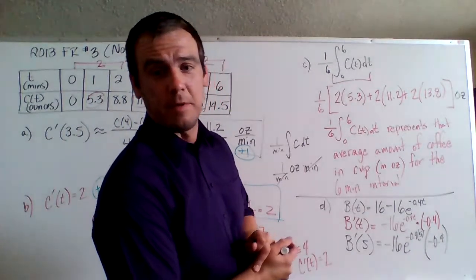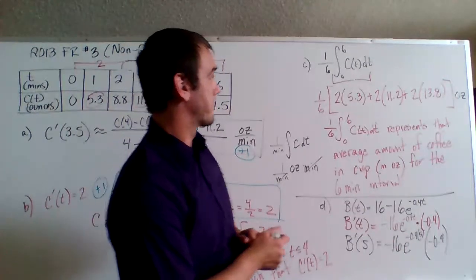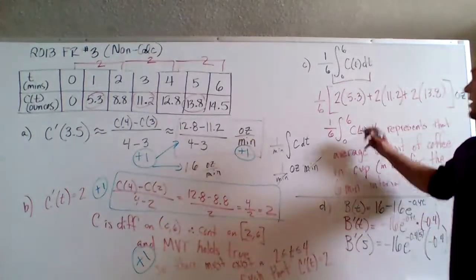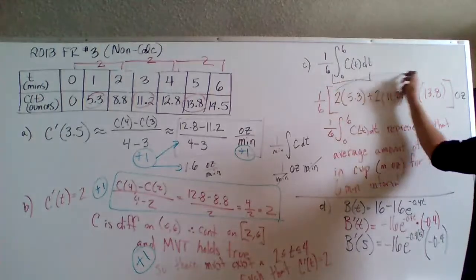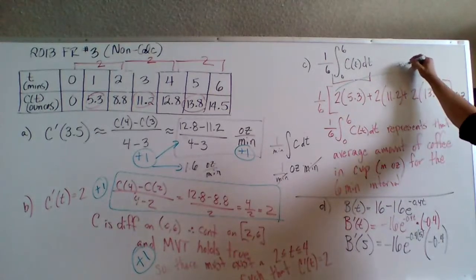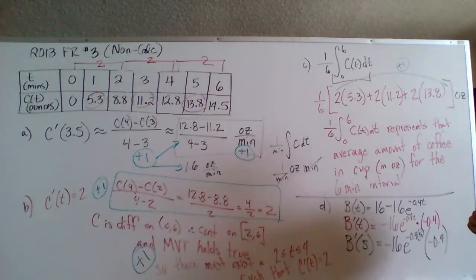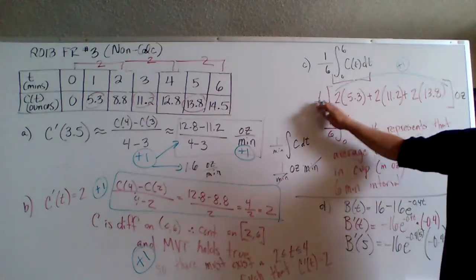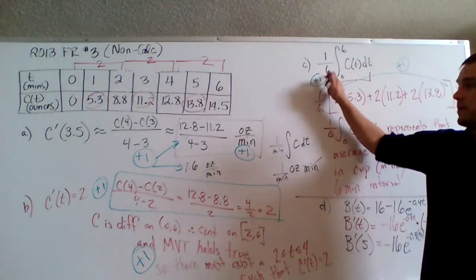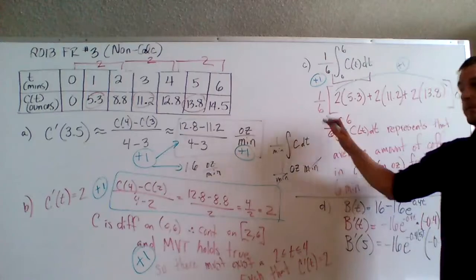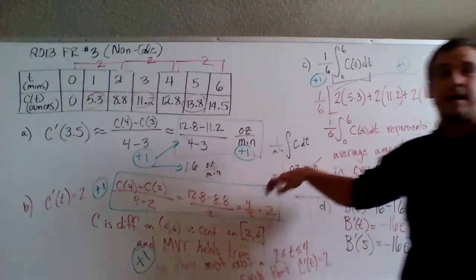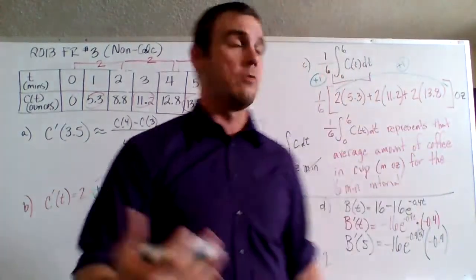Part C is going to be worth 3 points. Okay, basically you get 1 point for using a midpoint sum. You get another point if you had the 1/6 with your midpoint sum. Okay, you don't need to simplify anything. Just leave it like that. That gets you right here.